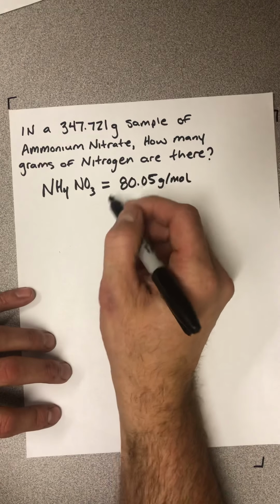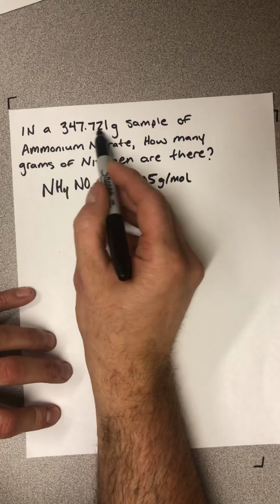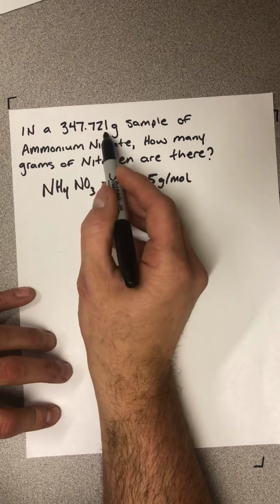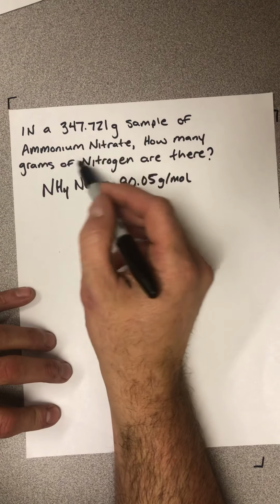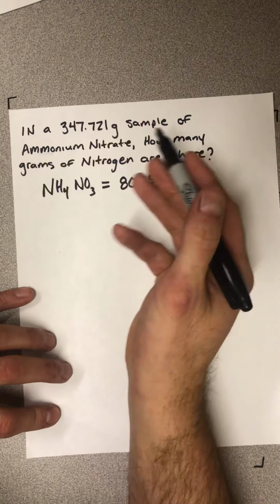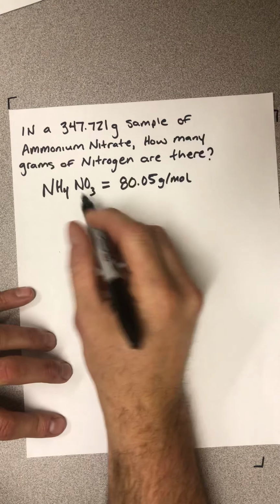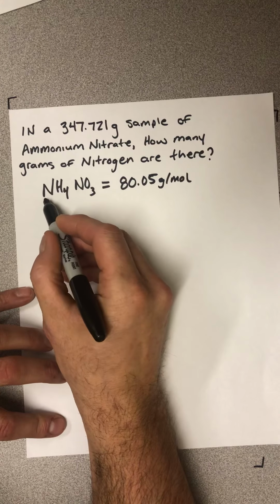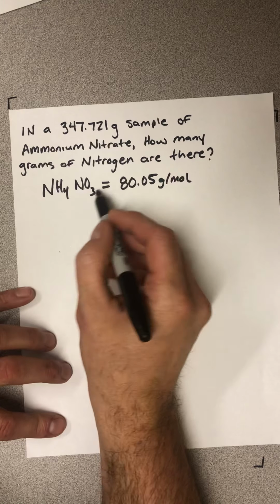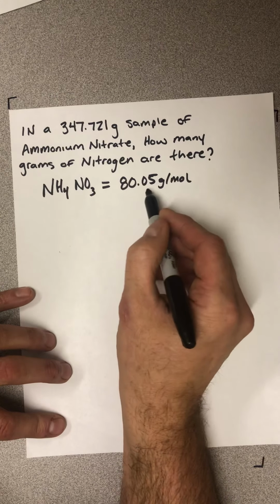If we want to know how many grams of nitrogen there are in this sample, the ammonium nitrate contains nitrogen, but it also contains hydrogen and oxygen. In this question, we're just concerned with how much nitrogen there is. So we're going to take nitrogen's total contribution to the compound and divide it by the total molar mass of the compound.